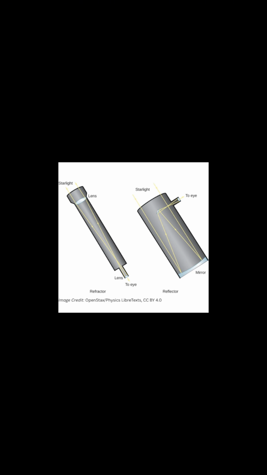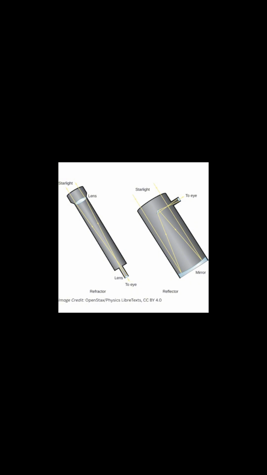And the eyepiece then turns the now diverging rays into parallel rays that your eye can then focus, and you can see the image. With a reflector, the light comes into a big tube, hits a mirror at the back end, and then is focused to the same type of point, or plane as the case may be. We'll discuss that in a minute for sure.